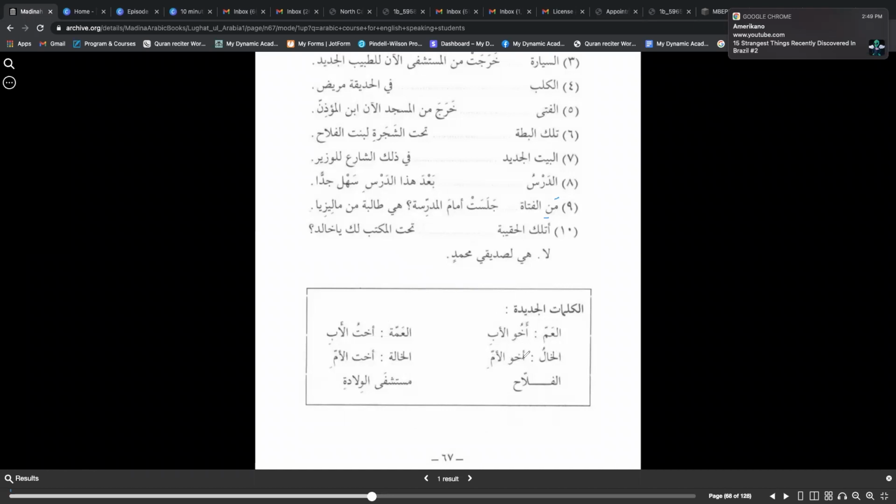The khal is the brother of the mother, so he's the maternal uncle. الخالة أخت الأم. The khala is the sister of the mom, so that's the maternal aunt. الفلاح is the farmer. مستشفى الولادة is the maternity hospital.